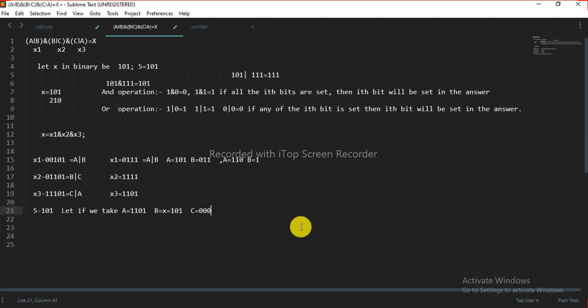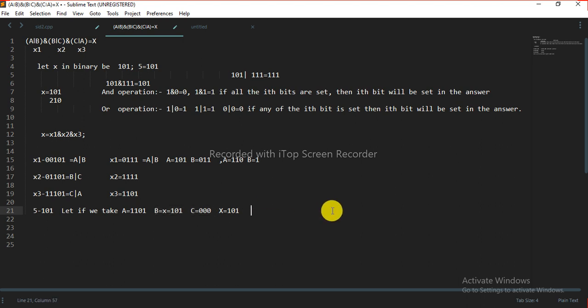So if we apply the above formula to these three numbers, x will be equal to 101 only. Why? Because if we do the OR of A and B, then it will be 1101. If we do the OR of B and C, then it will be 101, and if we do the OR of A and C, then it will be 1101.